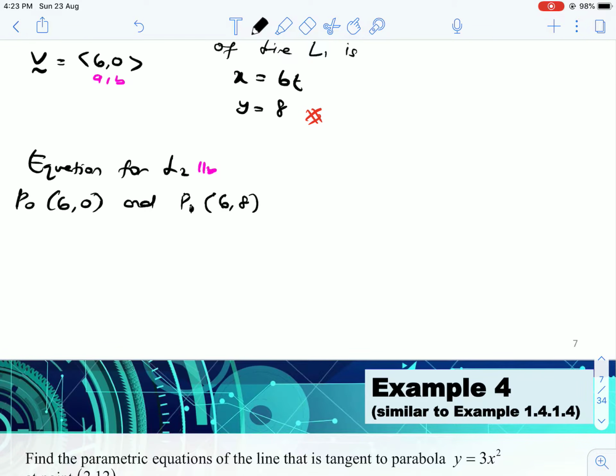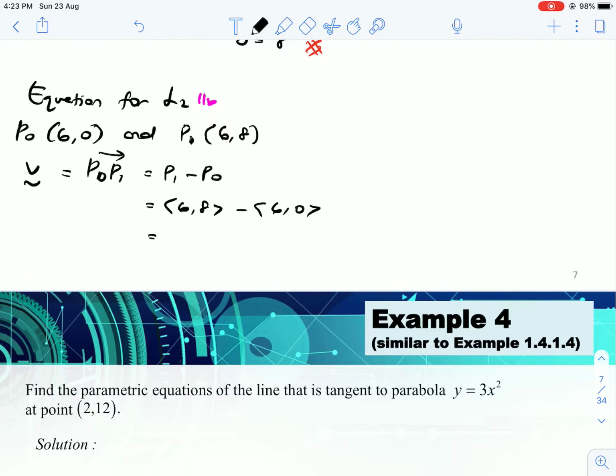So again we need to find the parallel vector, the vector from P0 to P1. So P1 minus P0, we have (6, 8) minus (6, 0). We will get 6 minus 6 is 0, and then we have 8.